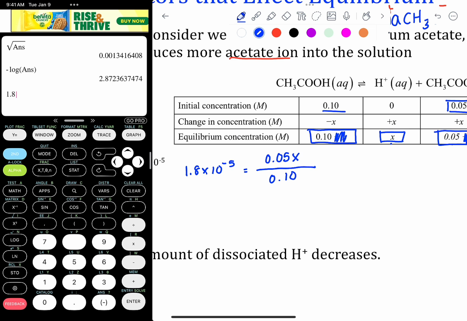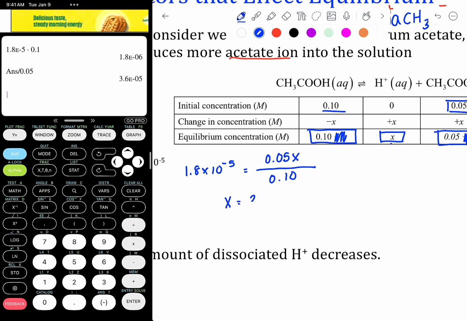So we get 1.8 times 10 to the minus 5 times 0.1. And now instead of taking the square root of that value, we're going to divide it by 0.05 in order to isolate x. So now we have an x that's equal to 3.6 times 10 to the minus 5.